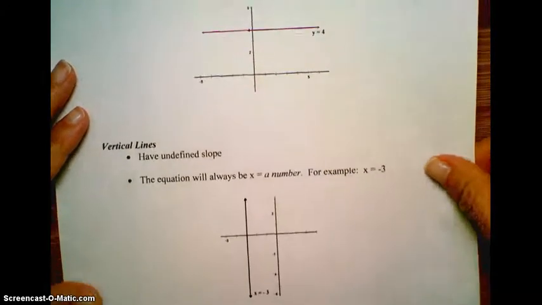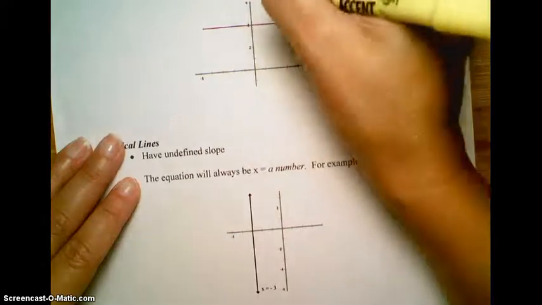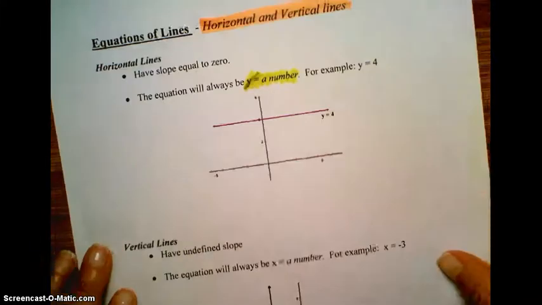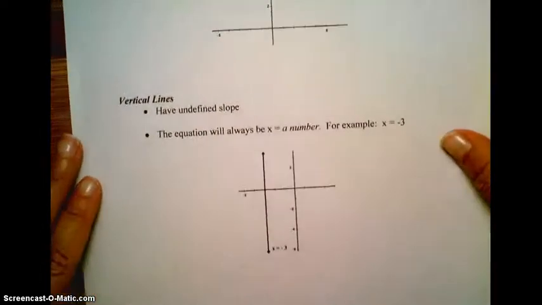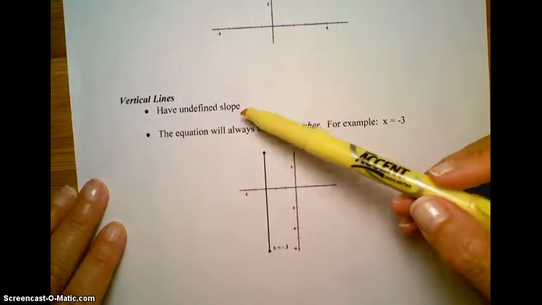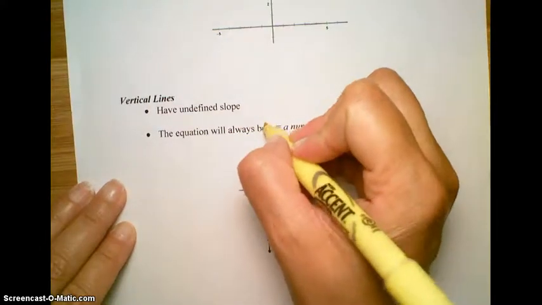For vertical lines, and let's go ahead and highlight that, for vertical lines, again, it's highlighted now, you'll have undefined slope. We just talked about that in the previous page. Your equation will always be x equals a number.